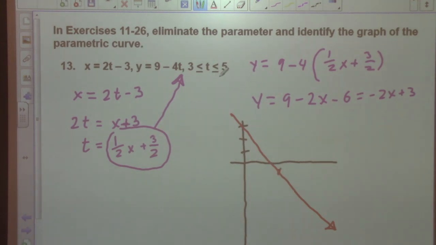And then if we plug in 5, what do we get? Well, we get 5/2 plus 3/2, 4, right? Did you say 4? 4. So what we're going to do is we're going to get just this little piece right here. Okay?